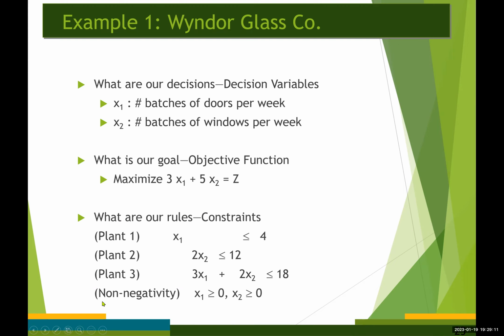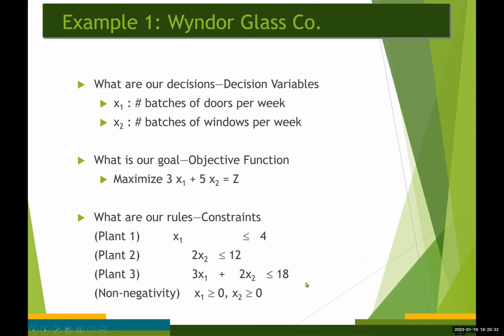And finally, because the production rates cannot be negative, it is also necessary to restrict the decision variables to be non-negative. That's why X1 and X2, both variables, must be non-negative.